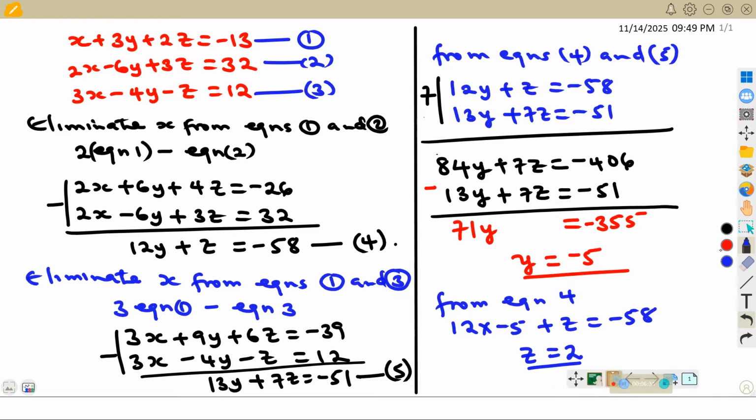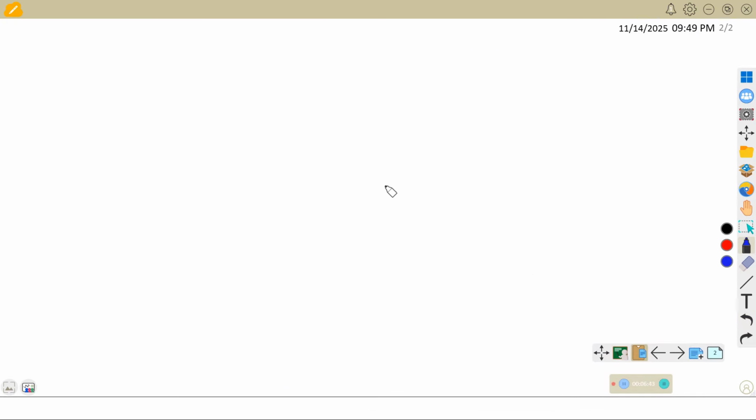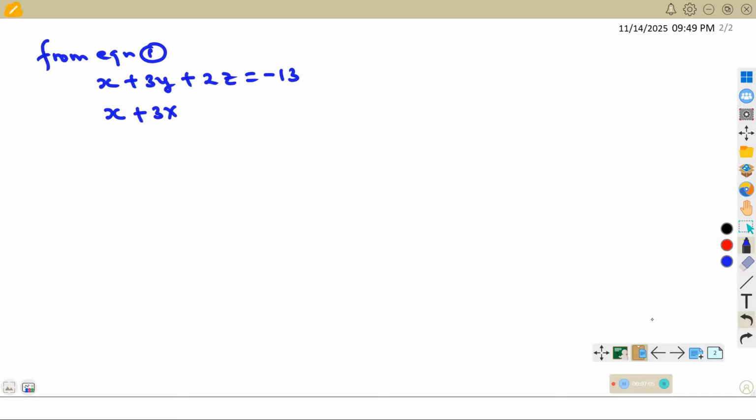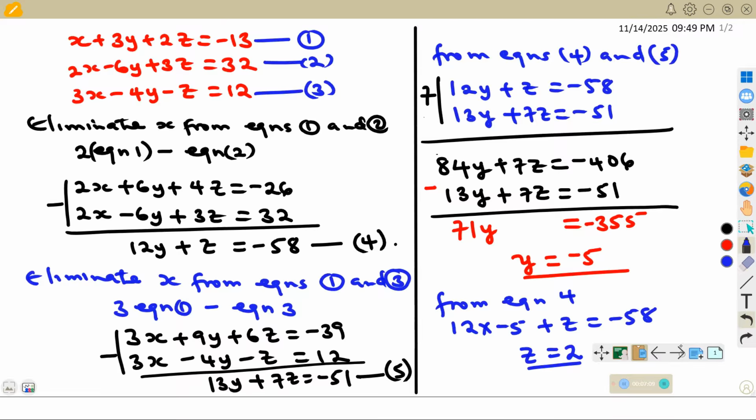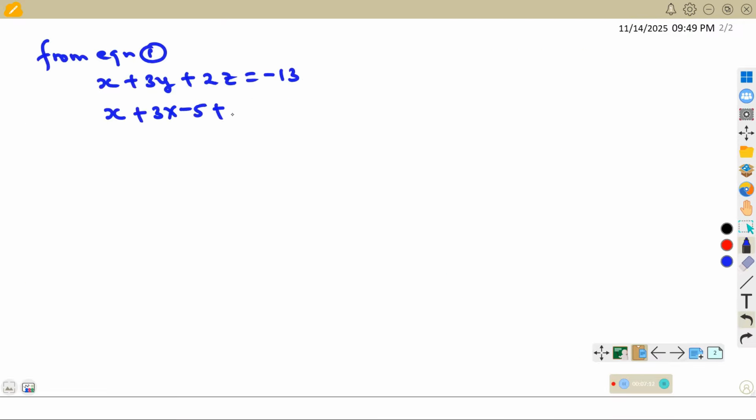After getting the value of z, we go on and get the value for x. We can refer to equation number 1, which says x plus 3y plus 2z is equal to negative 13. This is the same as x plus 3 times negative 5, plus 2 times 2, which is equal to negative 13.